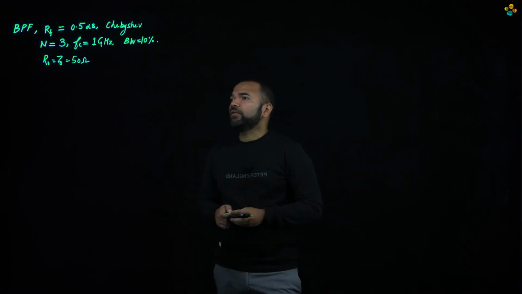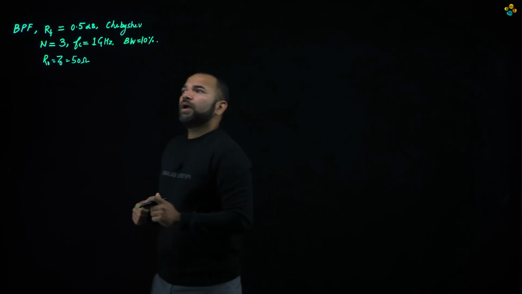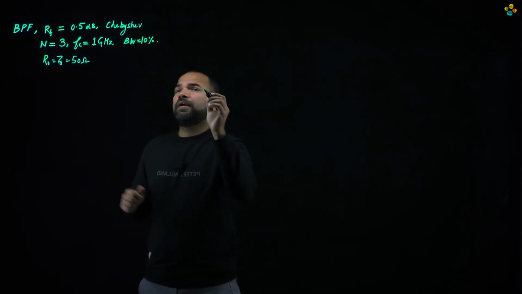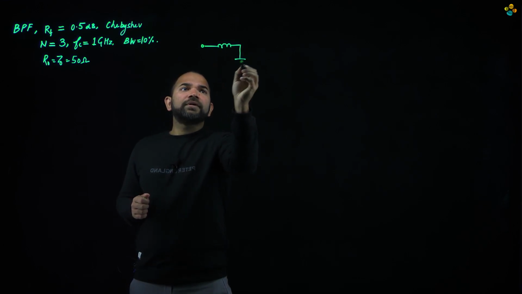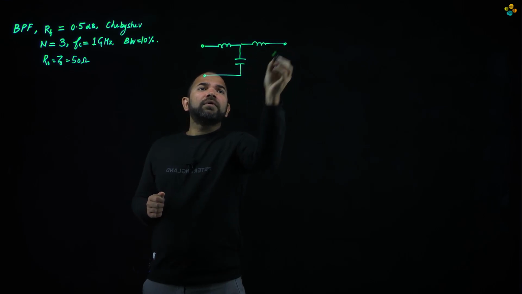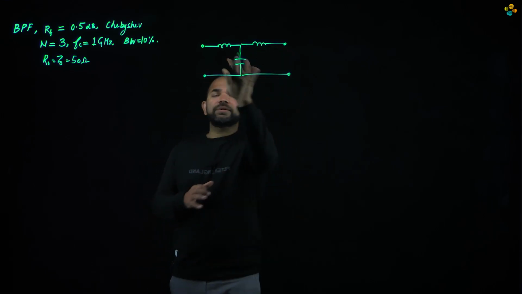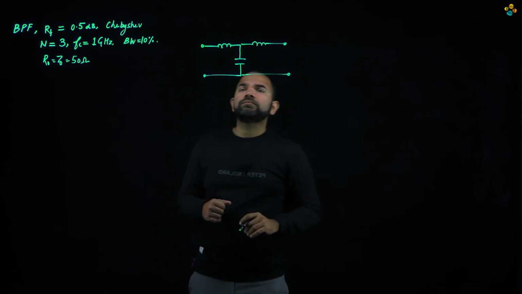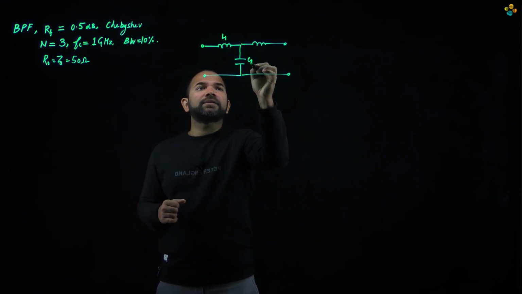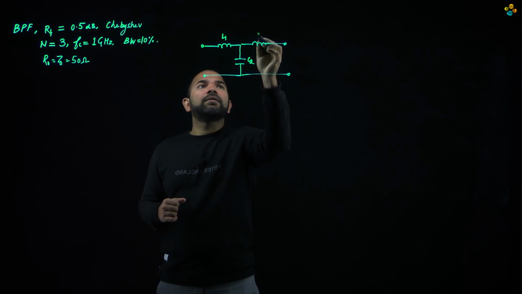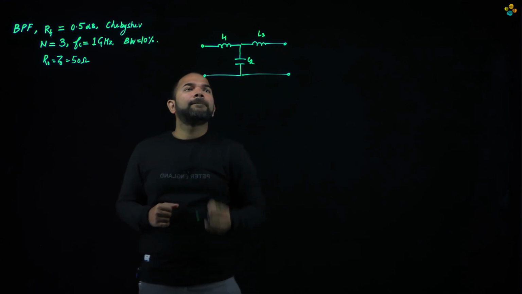Now we need to see how we can design a band pass filter with this kind of design consideration. In previous classes we have seen that, as the order is given, I'm just drawing an equivalent circuit. This is a third order filter, with L1, C2 and L3.